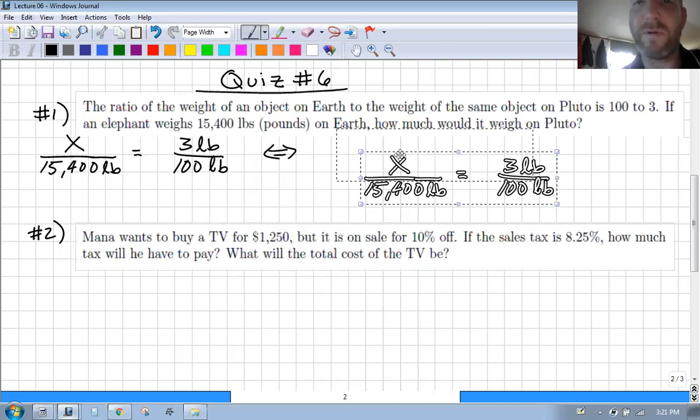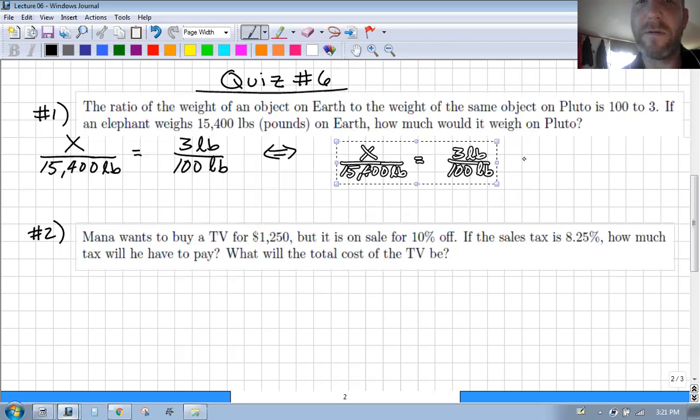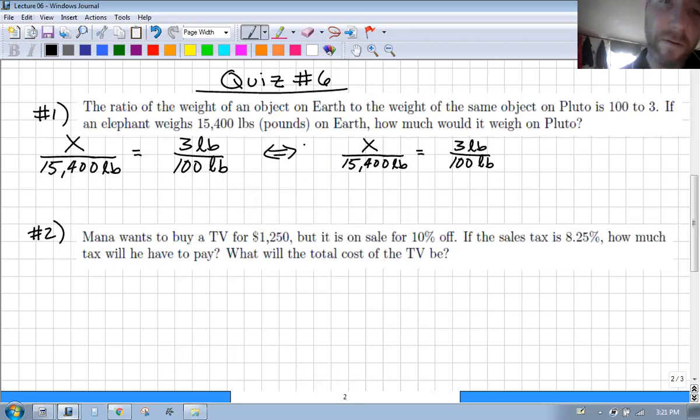Just need to multiply both sides by 15,400 pounds. That goes away, that goes away. Pounds go away.